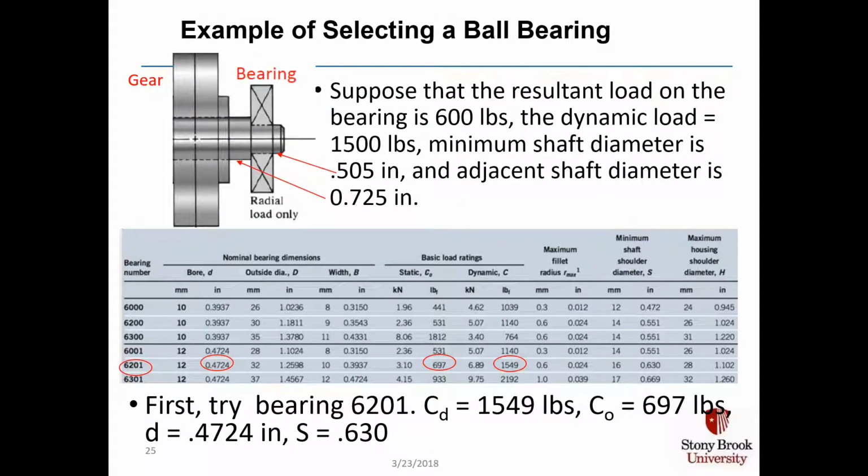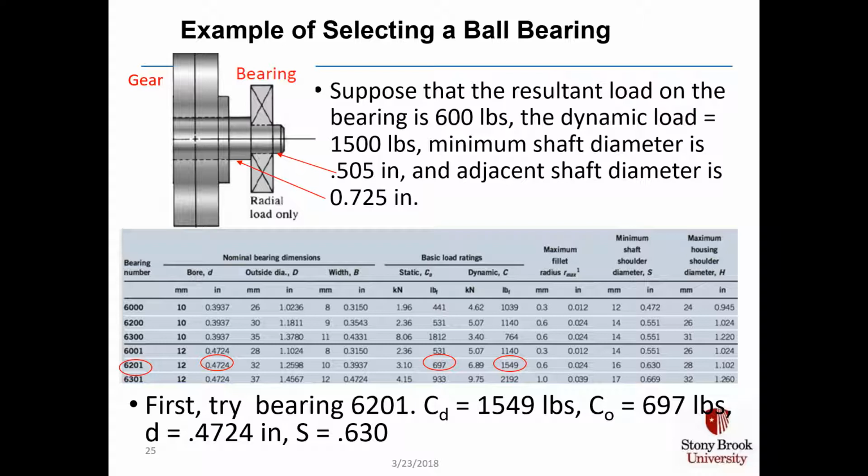Suppose that the resultant load on a bearing is 600 pounds, the dynamic load is calculated to be 1500 pounds, the minimum shaft diameter is 0.505 inches, and the adjacent shaft diameter to the left of the minimum shaft diameter is 0.725 inches.